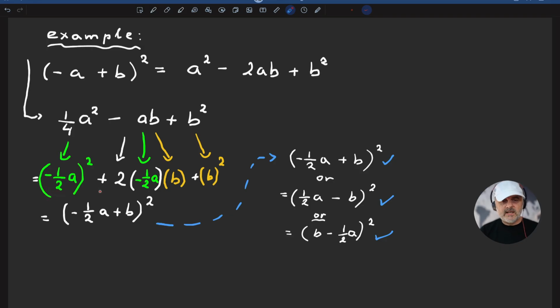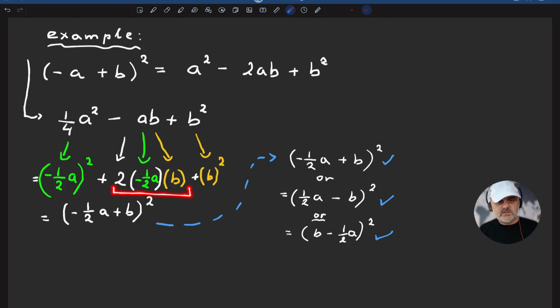Then you have plus, because you wouldn't know whether it's a difference or minus sign. Start with plus, it's always safe. So 2 times the first term, negative 1/2a, times the last term, the b term, which is just b in this particular case, plus the last term squared. So we have expressed the first one squared, the last one squared, and the product is 2 times first times last.